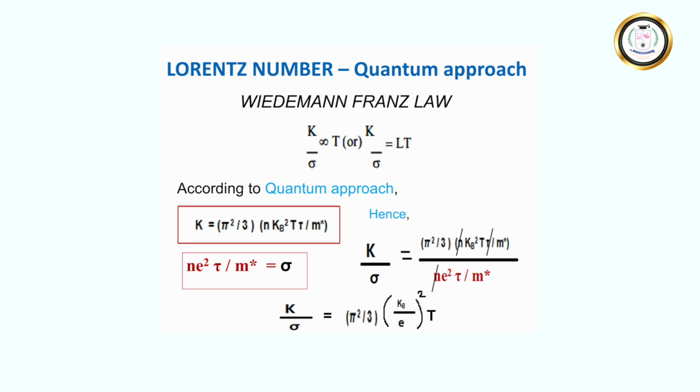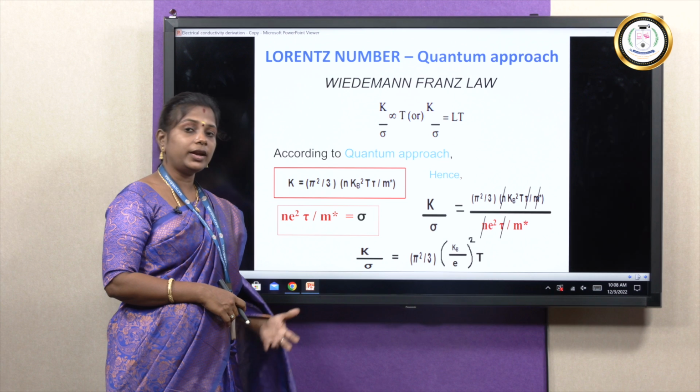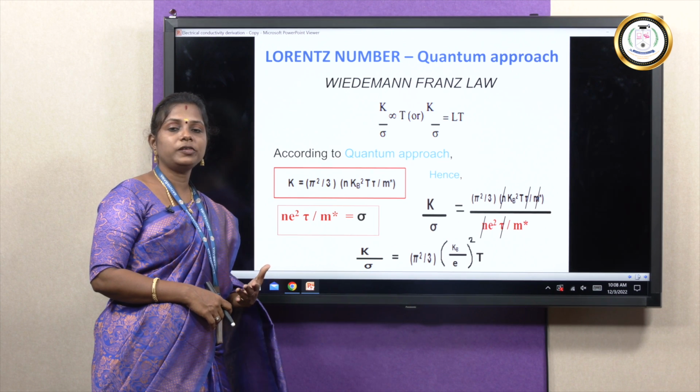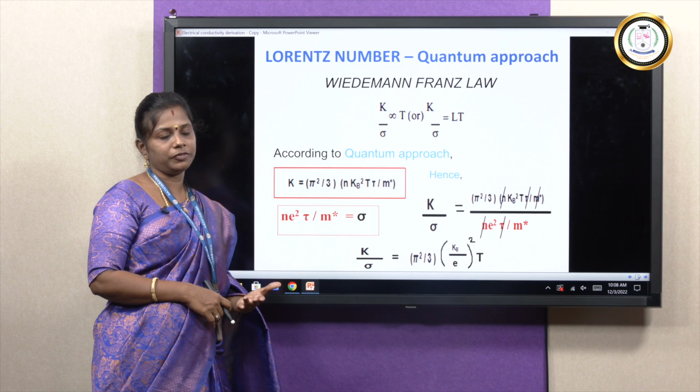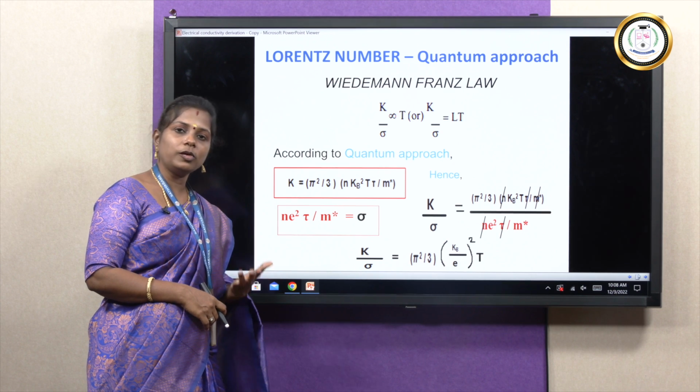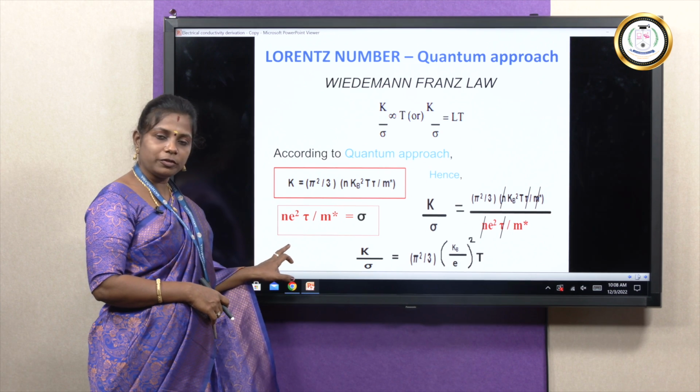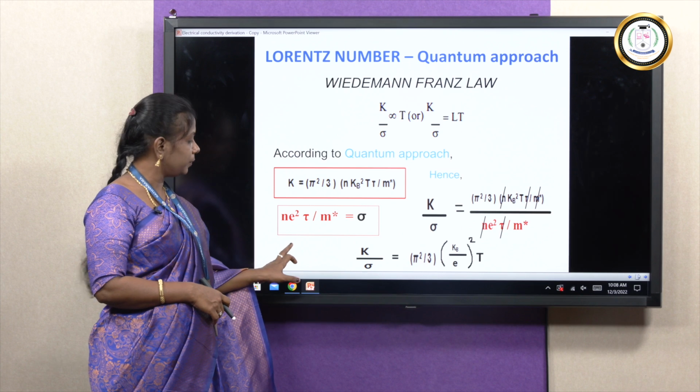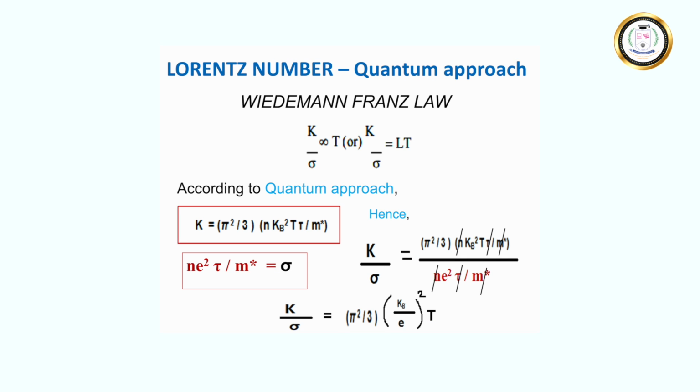The relaxation time tau is also common, so both tau cancel. Then m star, the effective mass of an electron: both expressions were derived in terms of effective mass, so m star is also a common term in K and in sigma, and it also cancels.